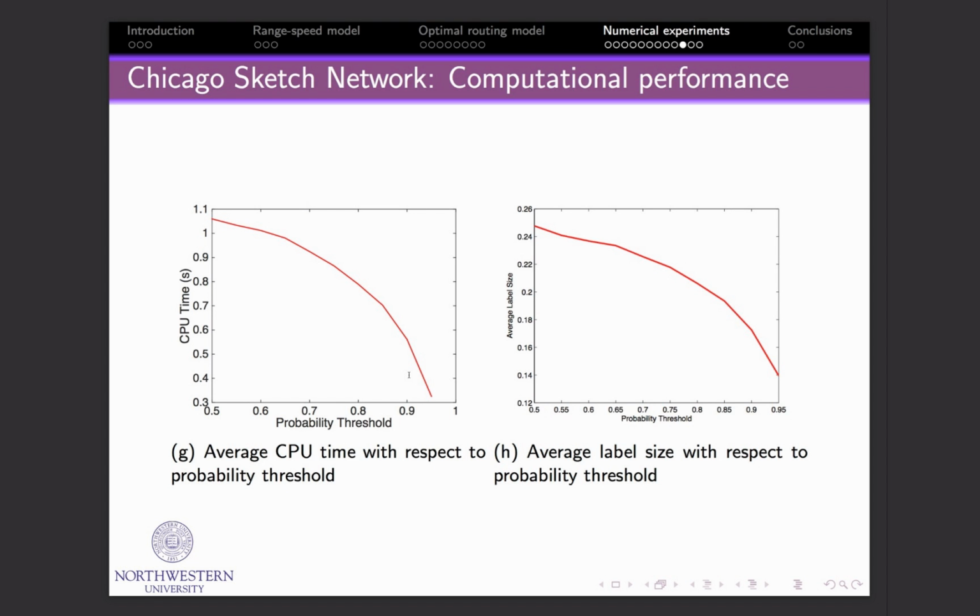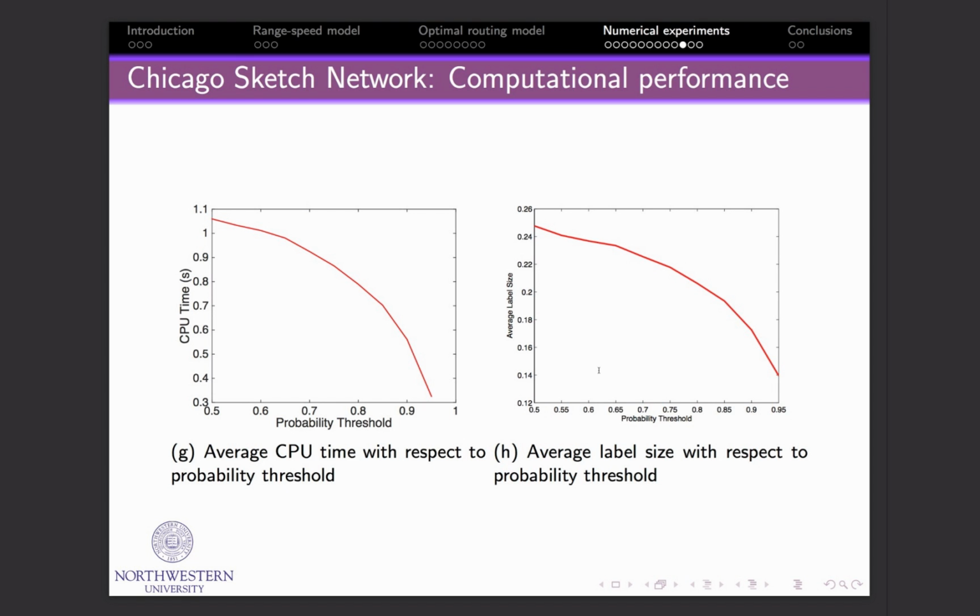The reason is that fewer nodes can satisfy the probability constraint as the probability threshold increases. Because of this, the stage 1 algorithm can terminate early because it does not need to update all the nodes in the network. The label size shown in the figure on the right also decreases when the probability threshold increases.